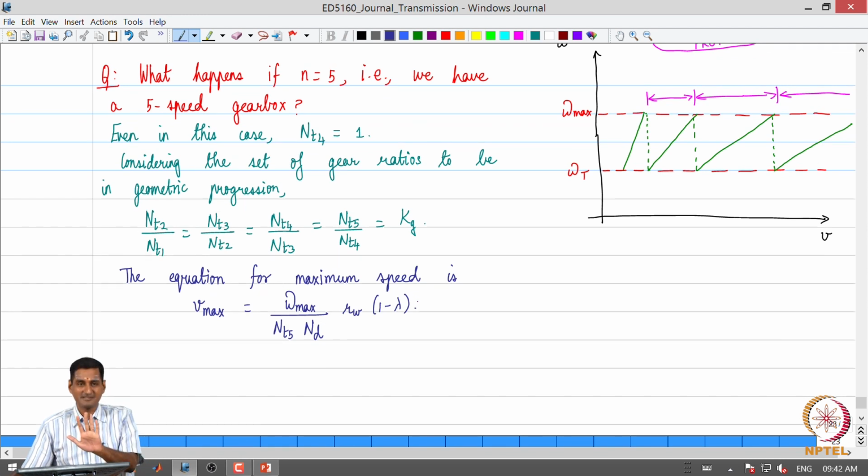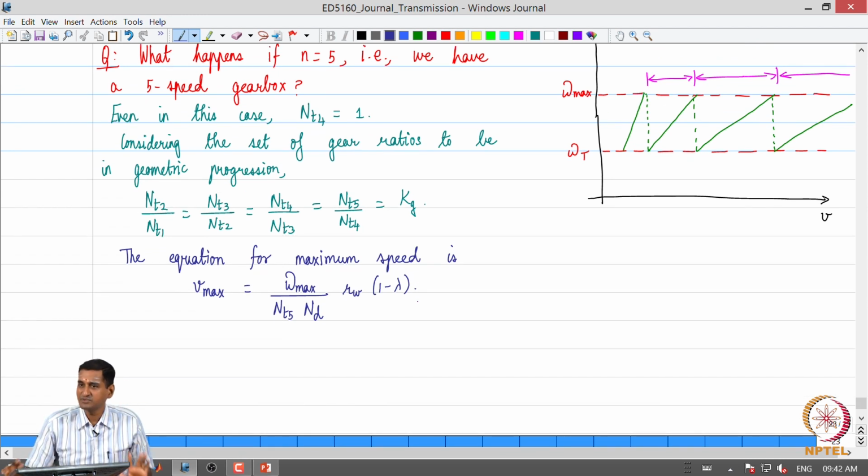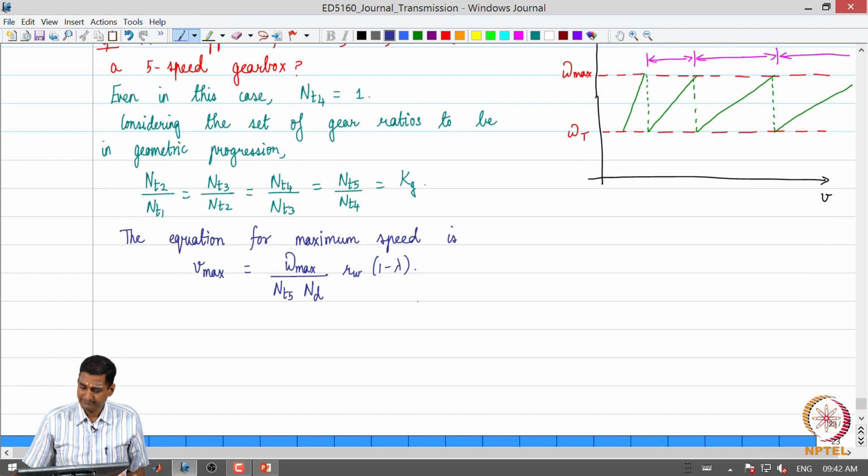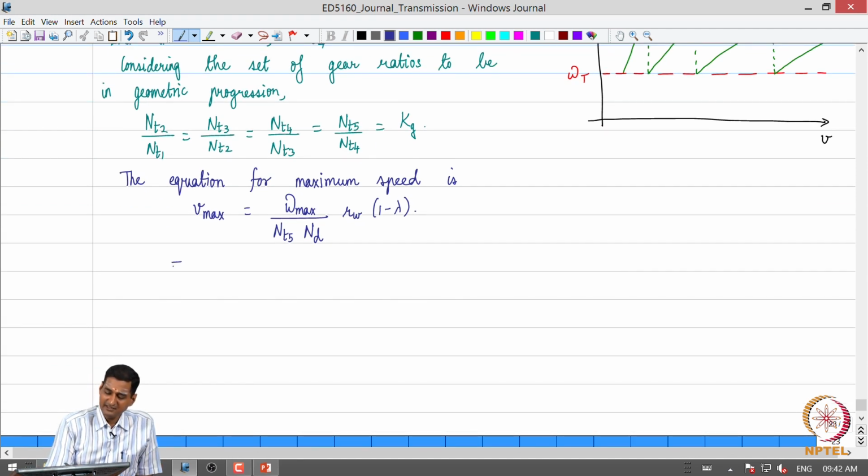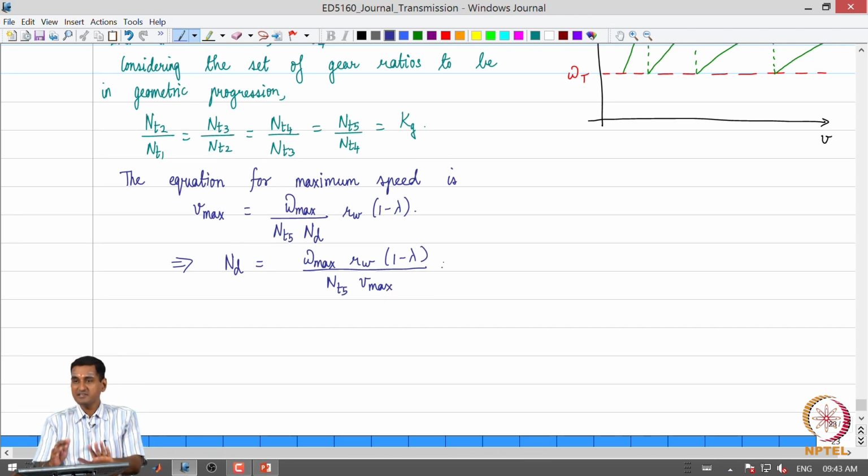I have not done anything else, I have just taken the same equation, substituted n equals 5. So, from here we can immediately calculate the value of ND as V max, ND will be equal to omega max RW times 1 minus lambda divided by NT5 V max, right. So, let us keep this equation as it is.